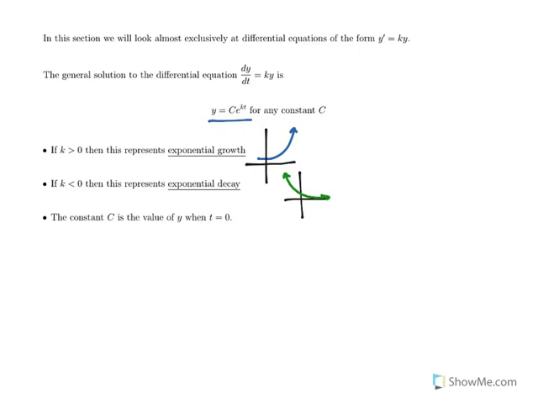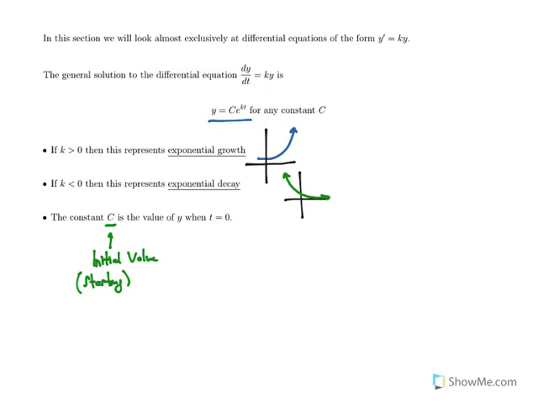It's also important to note that this value c is very important, as it is the value of y when t equals 0. This is going to be our initial value in our problems, what we're starting with, our starting value.